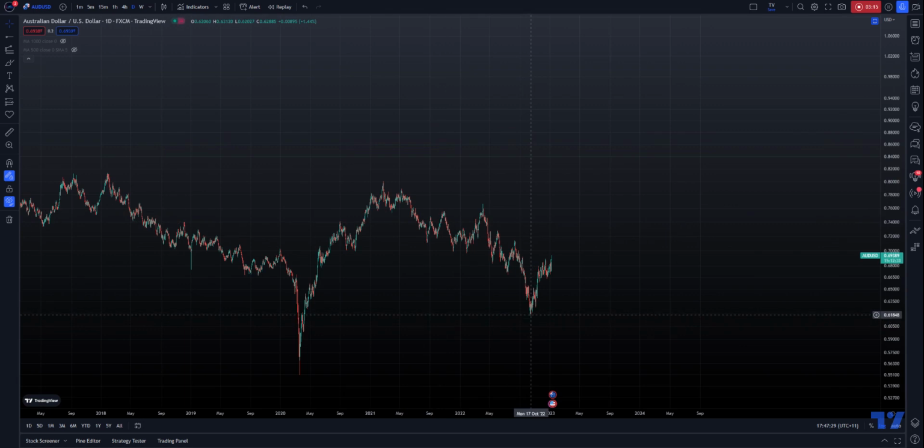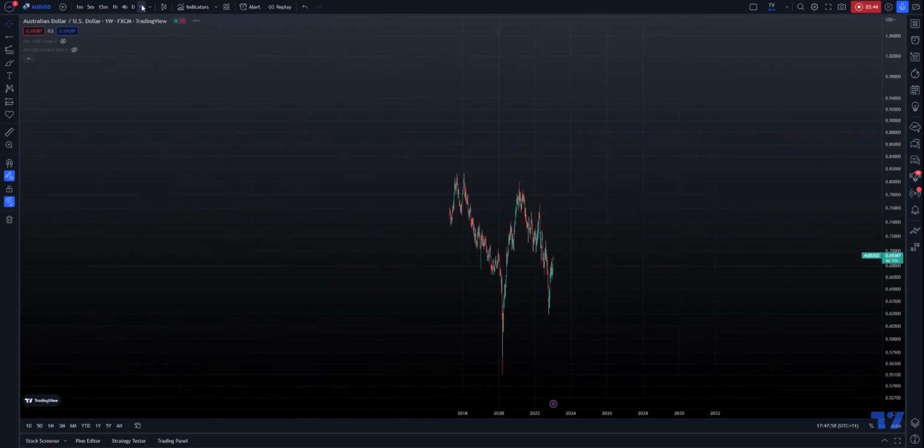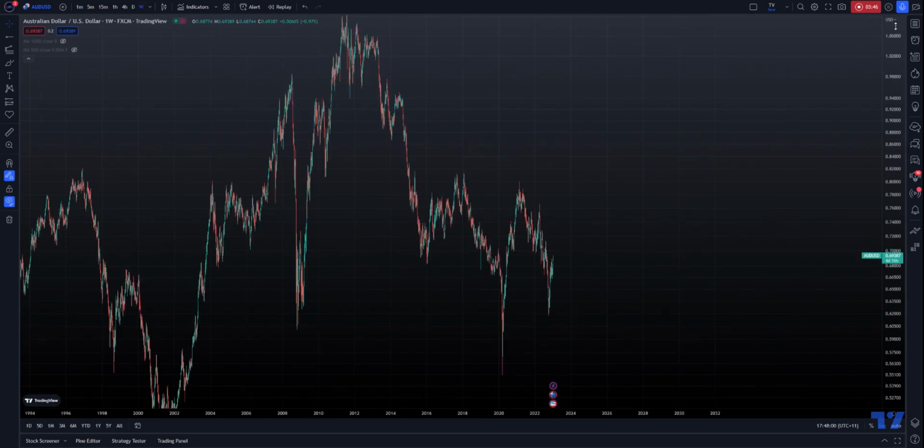Okay, so I do think that wave four will be a bit sharper, and obviously it will be shallower in terms of a percentage retracement before you get wave five. Okay, so it's a lengthy correction, and wave four shouldn't be as long. So that kind of fits with the larger picture, especially with US dollar and the euro.